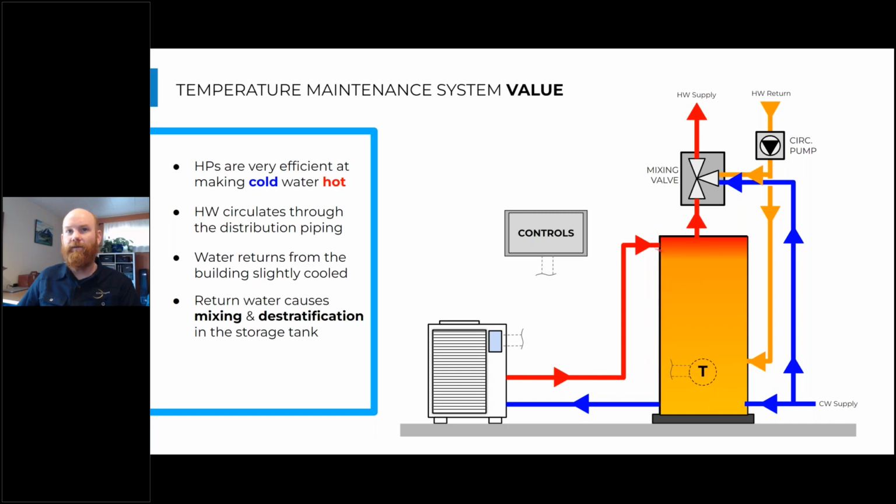Now we have a little bit of hot water at the top and a lot of mixed lukewarm water, maybe about 100, 110 degrees in the middle of the tank. That's not a very efficient use of our hot water storage tank, as we're lowering the effective storage volume.